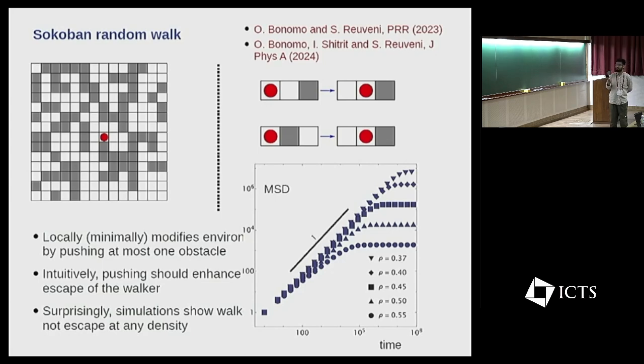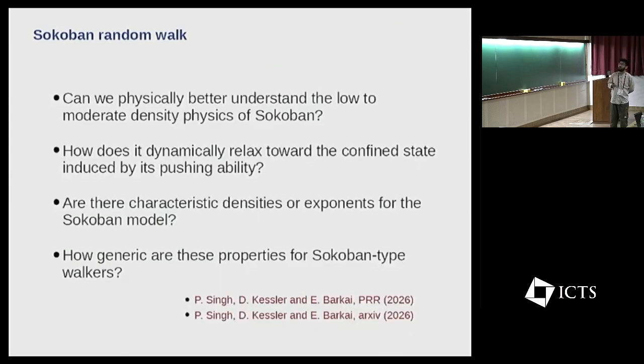So we were interested in this model due to the following questions. Firstly, can we physically better understand the low to moderate density physics of a Sokoban, because pushing seems to be giving a different transport behavior? Second, the pushing induces some confined state, but how does the walker dynamically relax towards this confined state?